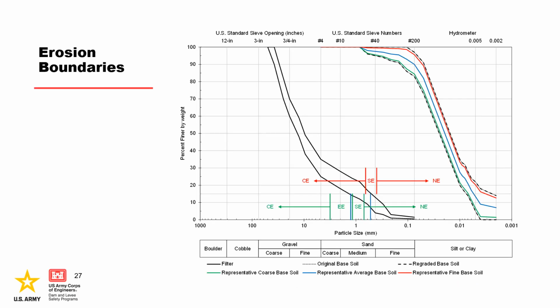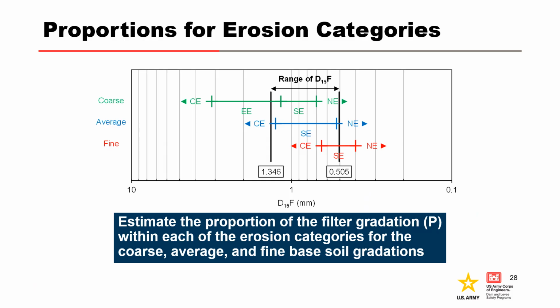After estimating all 4 erosion boundaries, plot them on the original filter gradation curves on the D15 line as shown here. If the filter gradation must be adjusted to account for segregation or washout, then plot that curve as well. This figure zooms in on the D15 line from the previous figure so that erosion boundaries are easier to examine for estimating proportions.